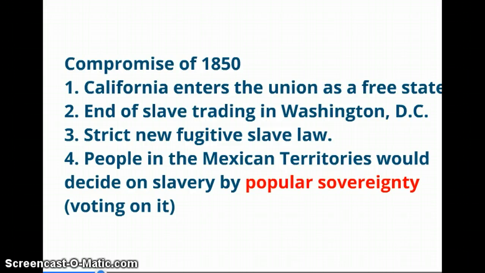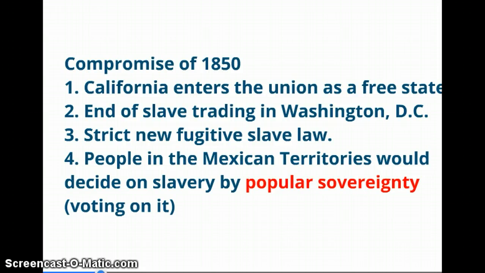They had enough of a population to apply for statehood, and Congress accepted them in as a free state, which was what California wanted. Keep in mind, you do not see a corresponding entrance to the Union of a slave state. This will now tip the balance of power in the United States Senate in favor of the free states.